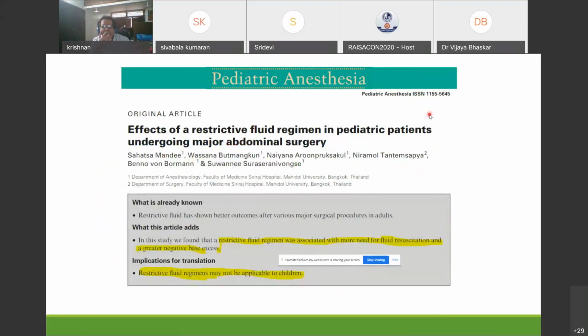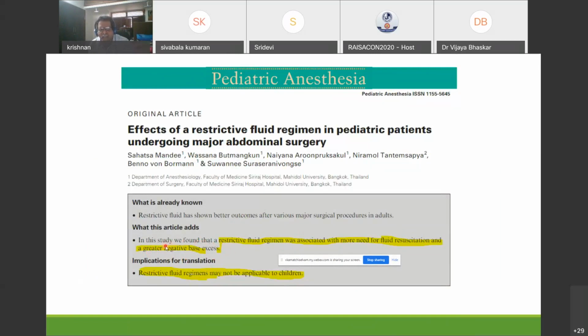But they have done a study, published in a pediatric anesthesia journal, in pediatrics, and what they found is that if we use a restricted fluid regimen, that means you reduce the maintenance fluid and do not give any fluid for tissue loss, post-operatively they needed more fluid resuscitation, and they had more negative base excess.